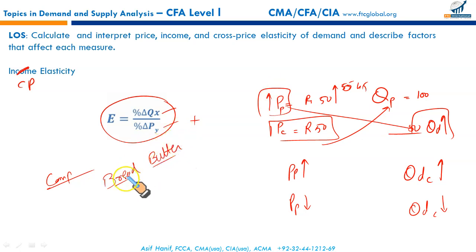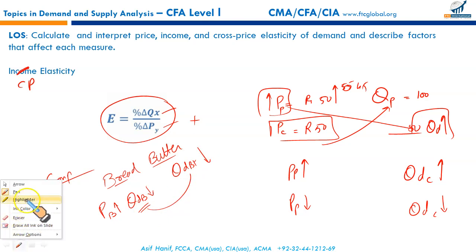Now, what happens here? If the price of bread goes up, of course, the quantity demanded for bread will fall. Since the quantity demanded for bread will fall, the quantity demanded for butter will fall as well. Why? Because bread and butter are jointly demanded. So in this case, what kind of relationship do you see?